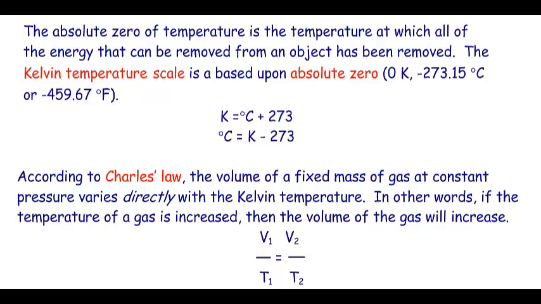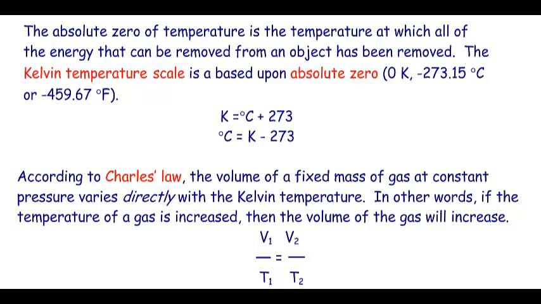Now we said that this is a direct relationship. What does that mean? In a direct relationship, mathematical variables travel in the same direction. When one of them goes up, the other goes up. When one goes down, the other goes down. Here's an everyday example. My age and the number of gray hairs on my head. As my age gets greater, so does the number of gray hairs on my head. So those two things are directly related.